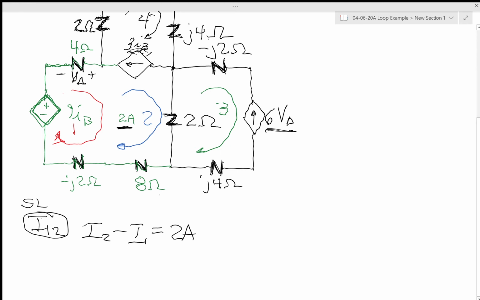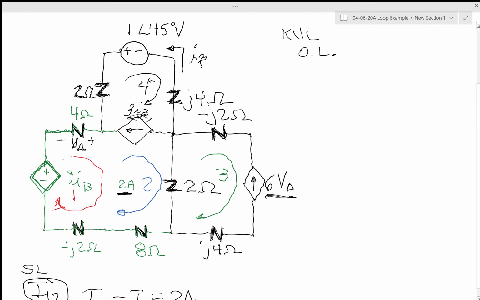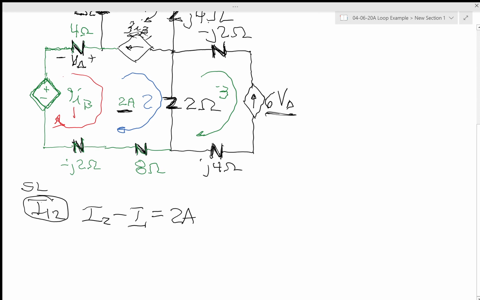Now I go up and I look at the 2,4 equation. I4 is in the direction of I2. So it's going to be I4 minus I2 equals, if I can figure out where my mouse is, well, never mind. This is the I24 super loop.